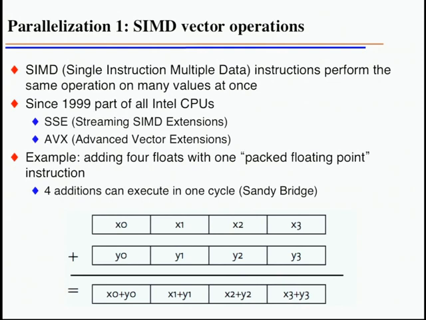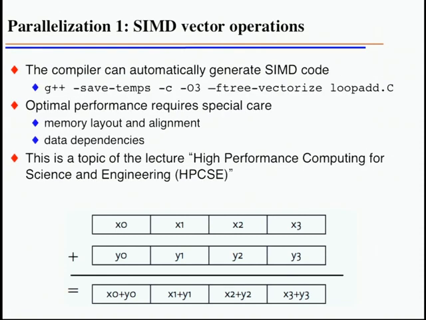So that's pretty neat, if you have code that's actually doing a single operation on much data. So how can you use that? The good part is the compiler can automatically generate this SIMD code. And now you see again this tree-vectorize option that I promised you to talk about later on.